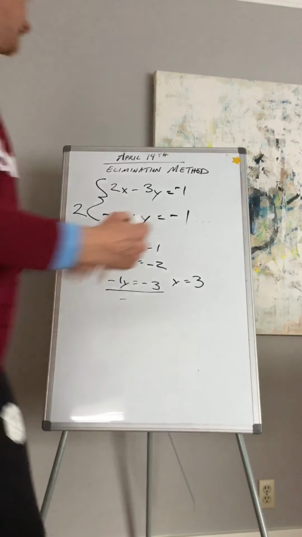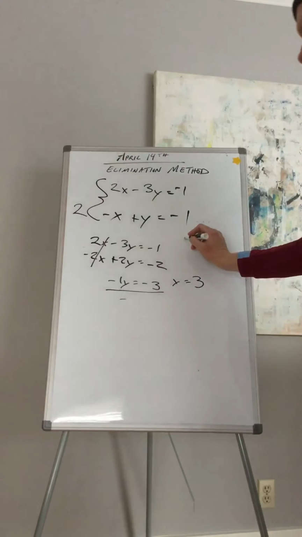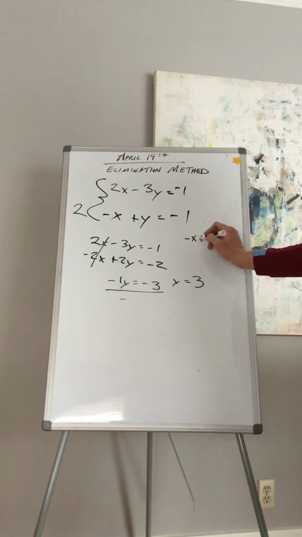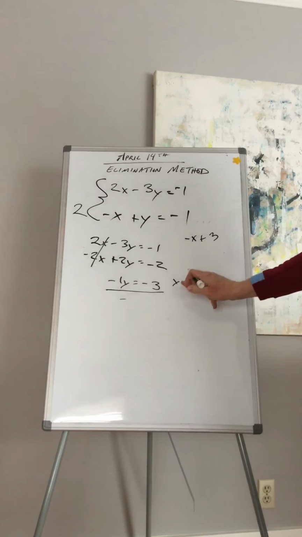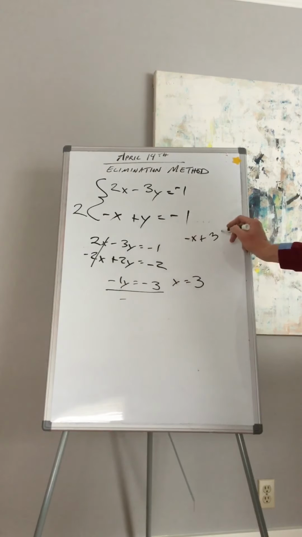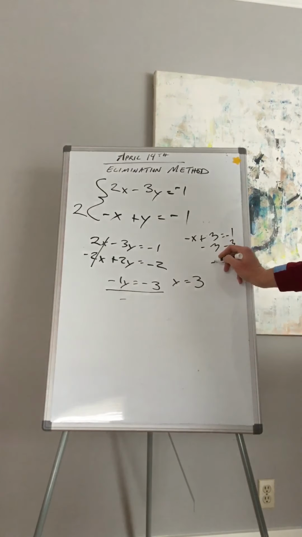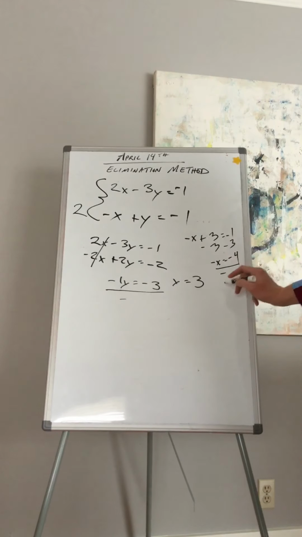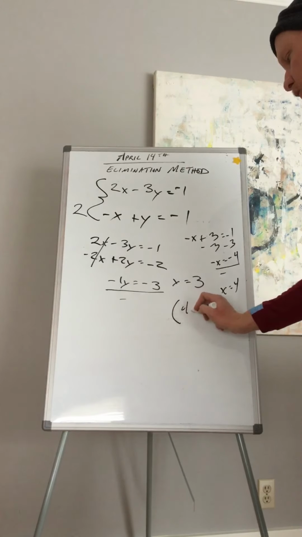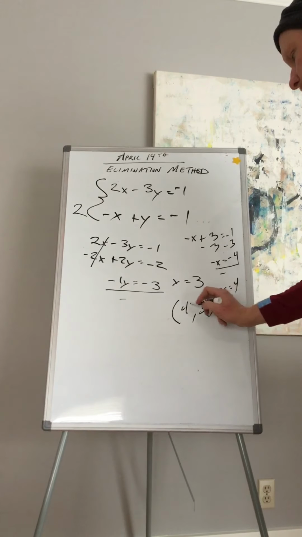I visually see this as the easiest one, so I'll go negative x plus 3, because that's my y, equals negative 1. Negative x equals negative 4. Divide by the negative. x equals 4. So my solution would be (4, 3).